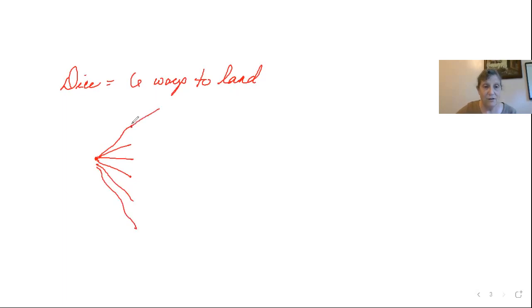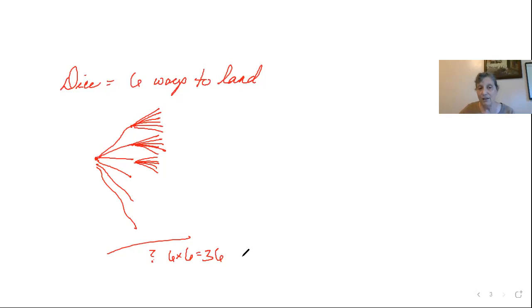The second one could land any of 6 possible ways. And so on. So how many are we going to end up with down here? There's going to be 6 at the end of each of these 6. So there's going to be a total of 36 ways to do it.